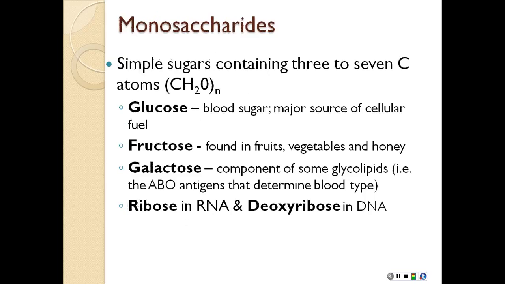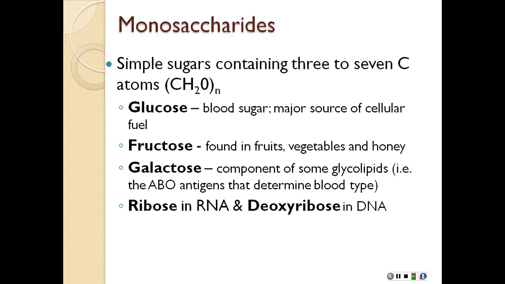So the monosaccharides, and in your study hints, hopefully you're using that second page and studying that, because you'll see those on the test. The monosaccharides that you should be aware of are glucose, fructose, and galactose, which are 6 carbon molecules. So glucose contains 6 carbons, we'll show you in a moment.